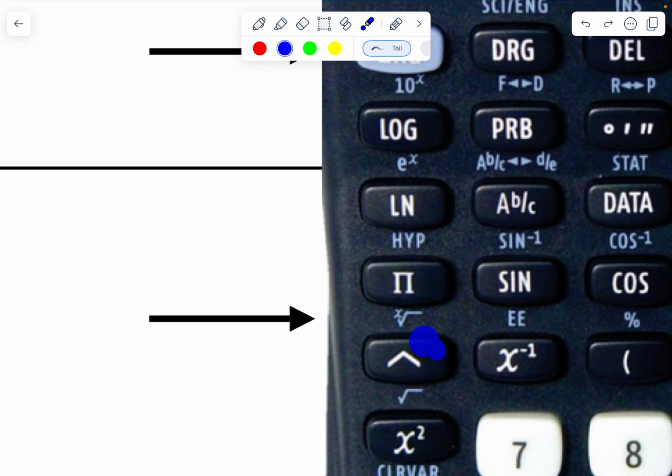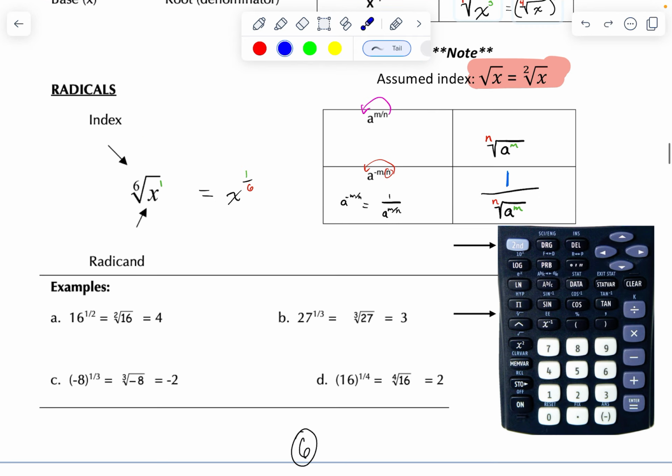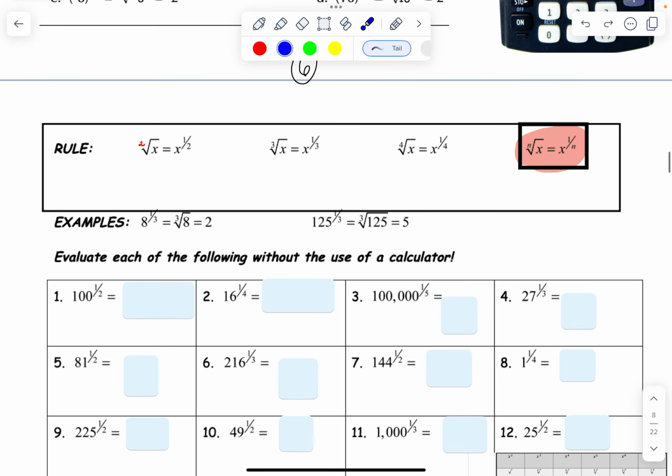Now the caret here lets us put in higher exponents other than just squared, and the second function lets us put in higher indices other than just 2, so we can do more than just a square root. So there's our rule. We can see it formalized there.